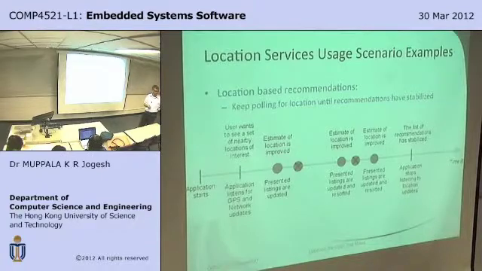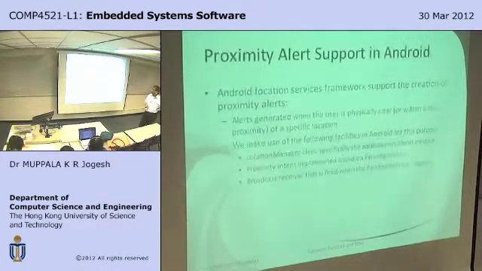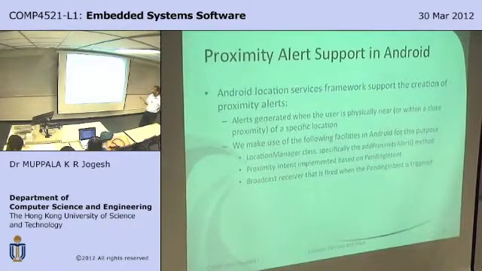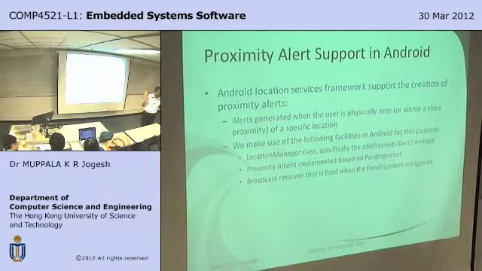Okay. Now, in addition, the other thing that I talked about was proximity alert. Proximity alert is increasingly becoming more popularly used in devices. So, but there are not a whole lot of applications that are making use of this in practice. This might be a good target for new applications to make use of.